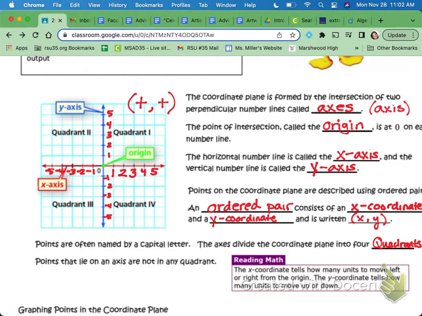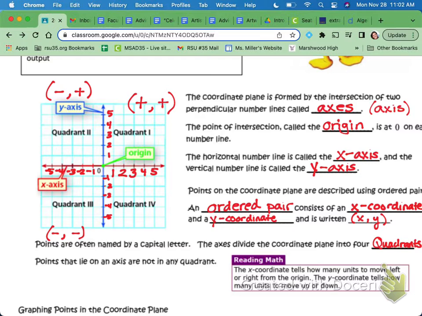In quadrant 2, what's the sign of your x's? Negative. Negative, and your y is positive. So my ordered pairs will look like this. There'll be a negative number, comma, a positive number. And down here in quadrant 3, it would be negative, negative, because your x's are negatives and your y's are negative.